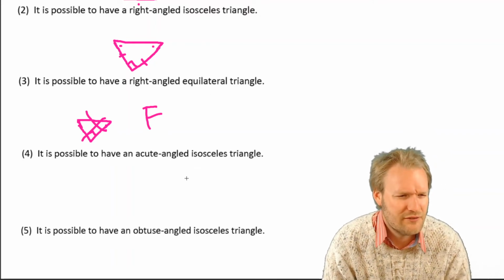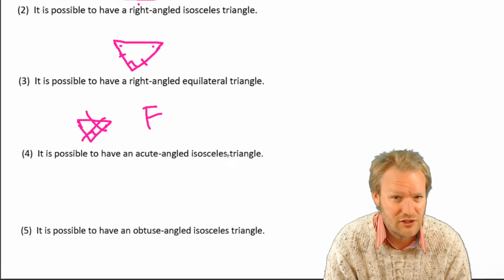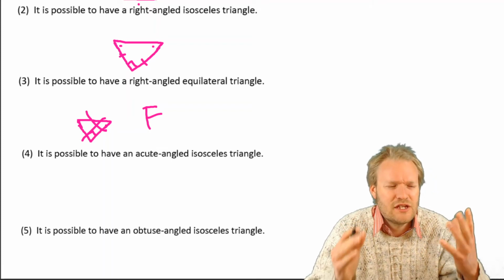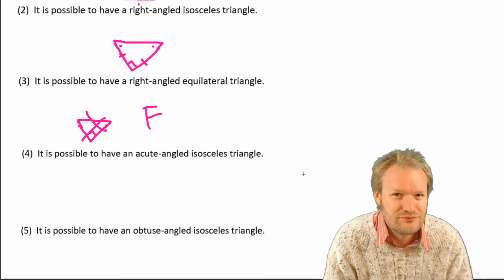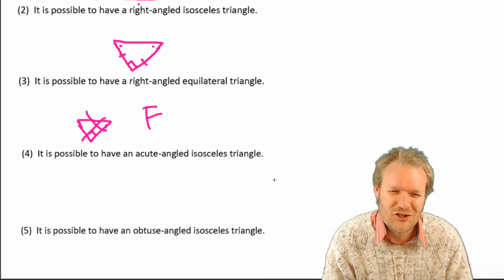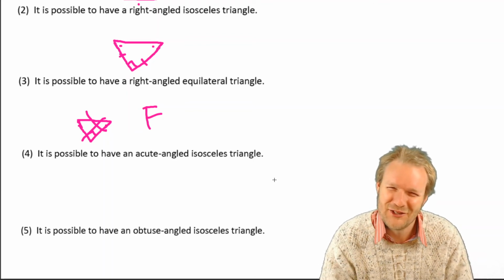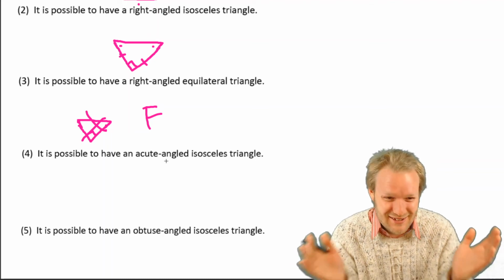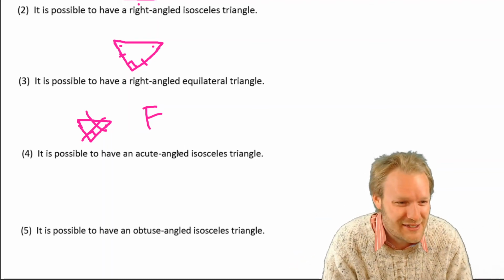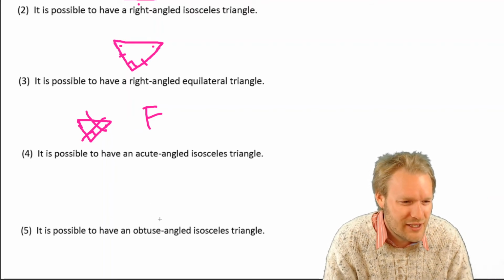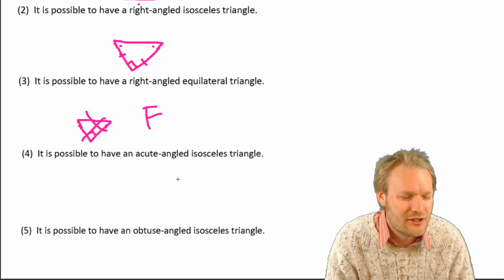It's possible to have an acute angled isosceles triangle. So we're just checking, what does it mean to be an acute angled triangle? There's just a joke looming there about it being cute, isn't there, or something? So, well, acute means it's less than 90 or between 0 and 90. And isosceles means 2 angles are the same. So could we have something where, how should we draw a triangle?